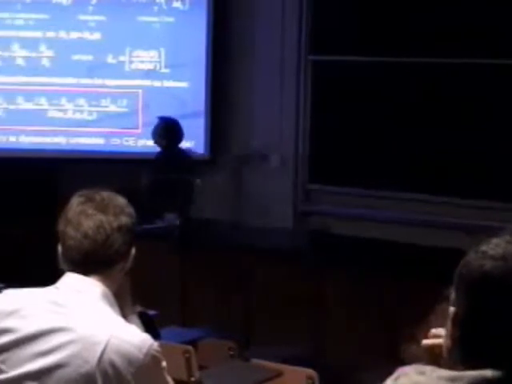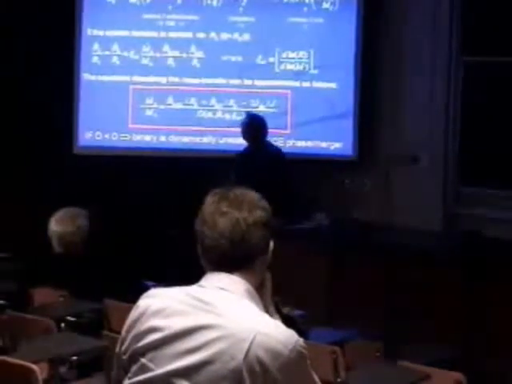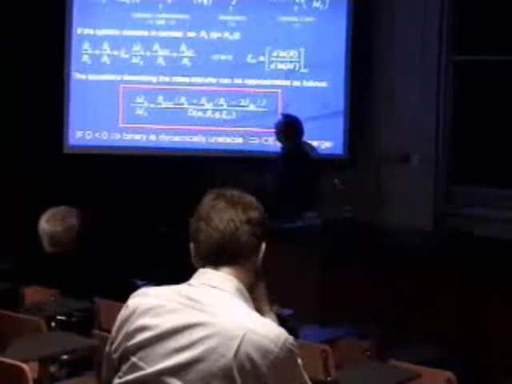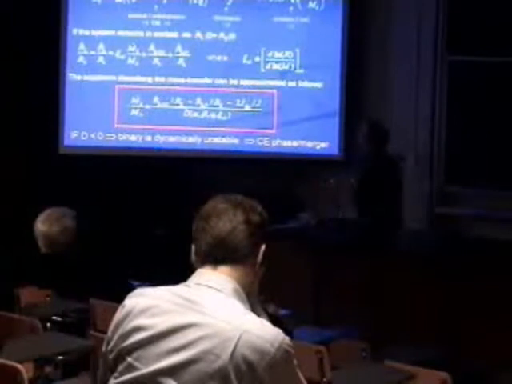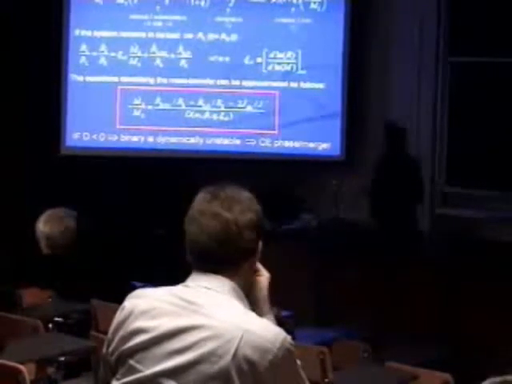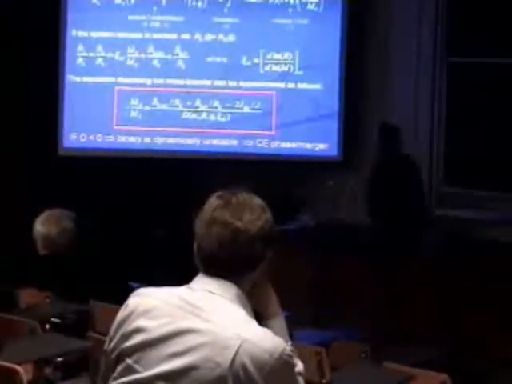Now, I don't really have time to go into some of the details, but using semi-analytic methods, it's possible to come up with an equation for the mass transfer rate, which is obviously one of the important observables in these systems, as a function of various terms. For example, it depends on the change in the radius of the donor star on its nuclear time scale, its thermal response to mass loss, and the angular momentum dissipation mechanism that's working to cause the separation of the binary to decrease.